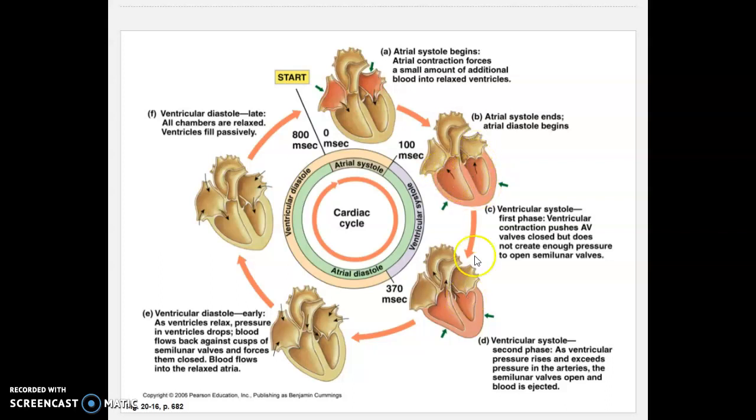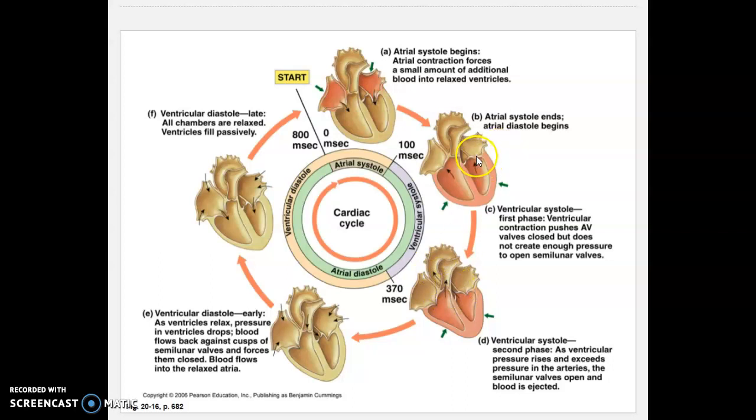Now, notice I have two ventricular systole phases, phase 1 and phase 2, or first and second phase. And in phase 1, we're simply starting to squeeze the blood out. So the first thing we've got to do is close that valve so the blood doesn't come back where it came from. But phase 2, or the second phase, means when we continue to squeeze, we now open up our semilunar valves.